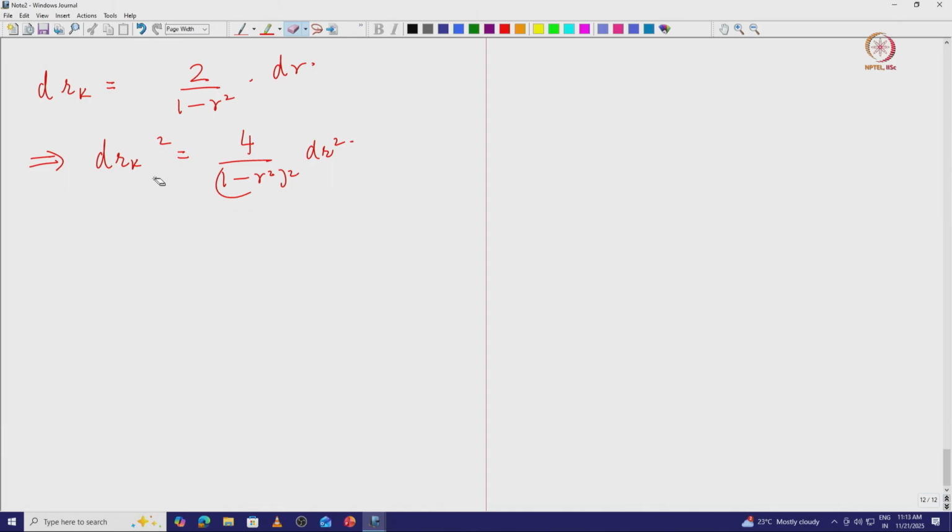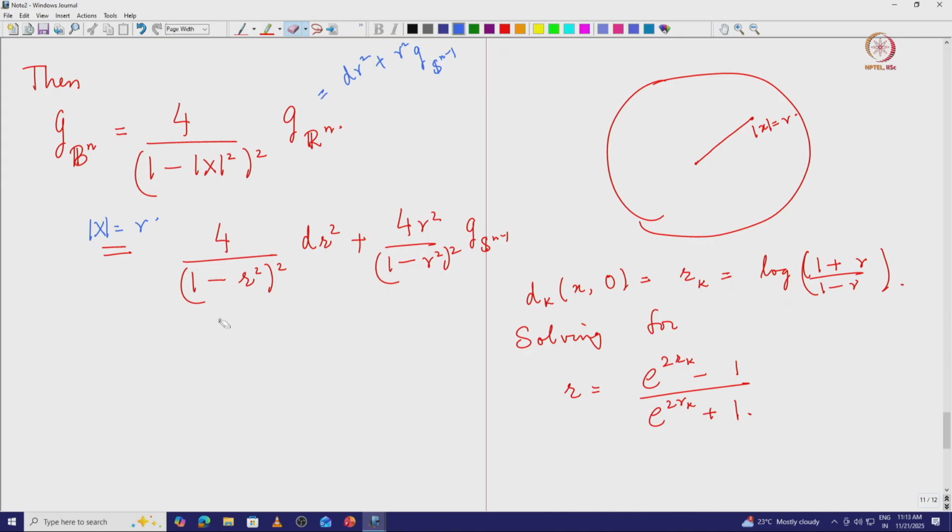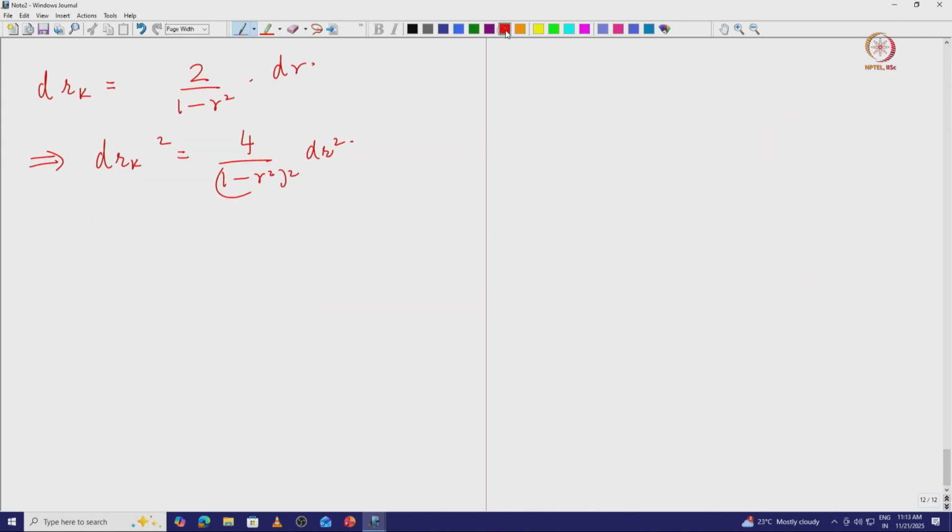So now if you go back, you see that this first term is then exactly dr kappa squared, and one can show, again a simple calculation, that the other term that shows up in front of g of the round sphere is precisely the hyperbolic sine squared applied to r kappa, okay.